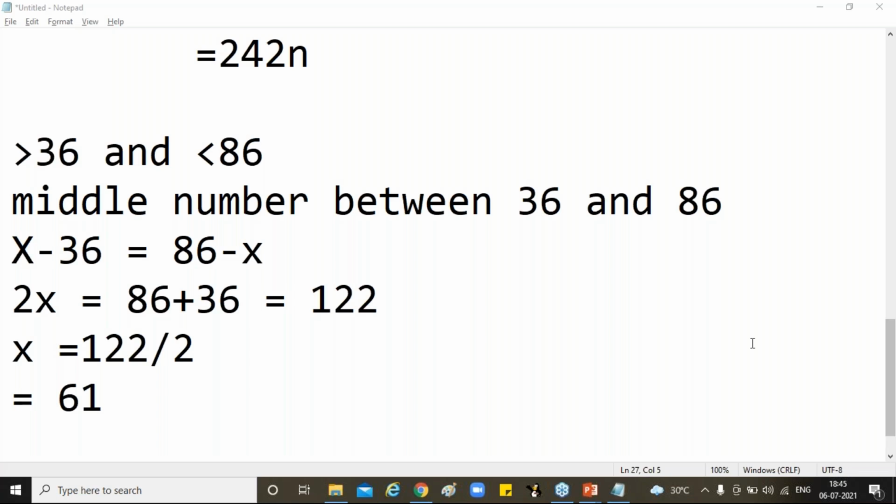So from now, I don't want to use Telugu, don't worry about it. 61.